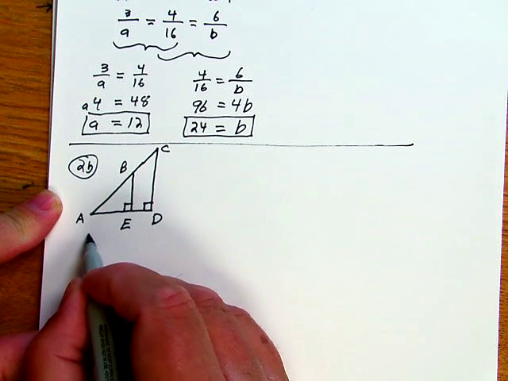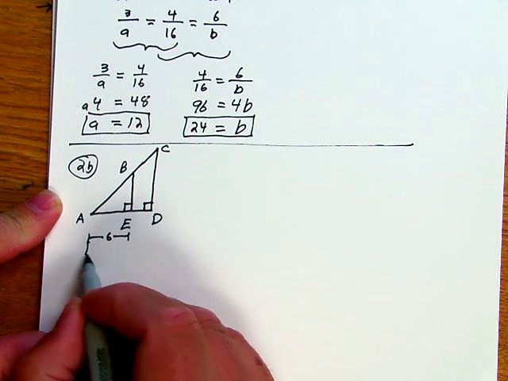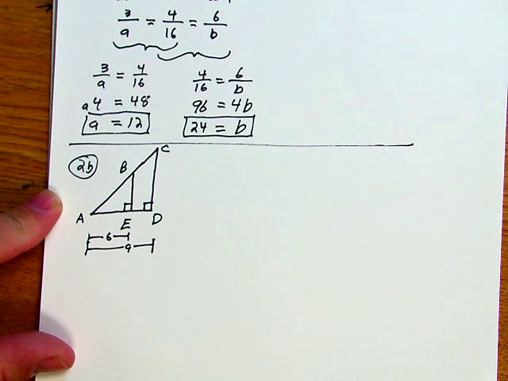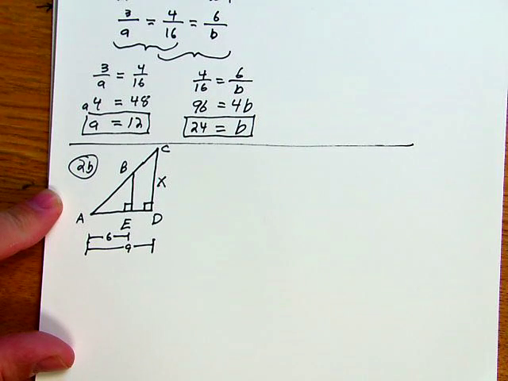And we know that these are both right angles. Okay? And we know that from here to here is 6 long, and from here to here is 9. We know that we want to find X, that outside, and we're given that this is 10, the inside vertical line.